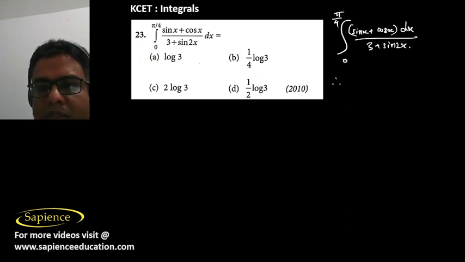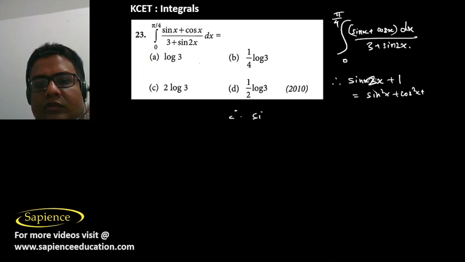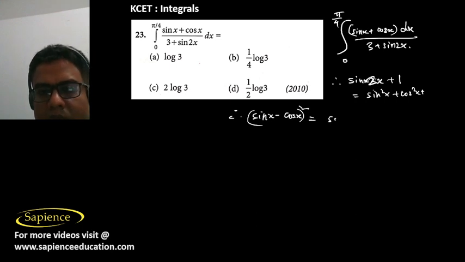So now therefore this 3 plus sin 2x can be written with the 1 as sin square x plus cos square x plus sin 2x. Now suppose we do sin x minus cos x whole square, so that is equal to sin square x plus cos square x minus sin 2x.